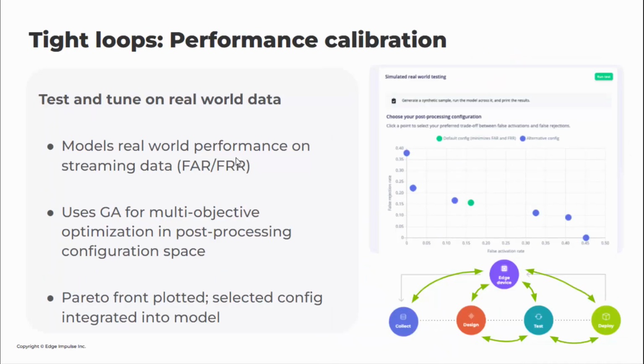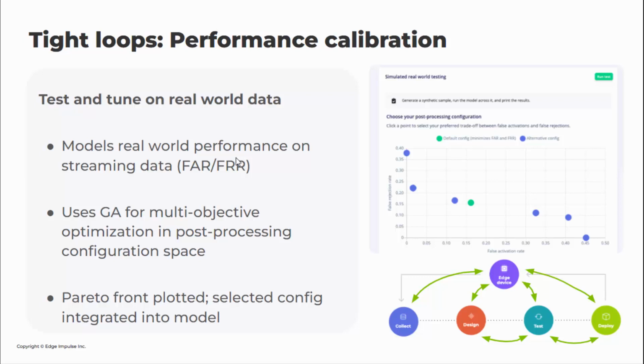So speaking of testing, once you've got a model, it's not enough to know that it has good performance on a holdout data set. Really, we want to test it in the real world. But there's a lot of difficulty and complexity between getting a model from your development space into the field. And what we try to do there to narrow the feedback loop is to bring some of the field into the software.